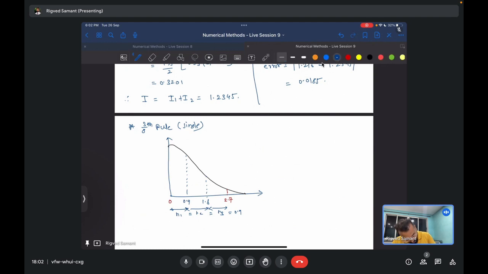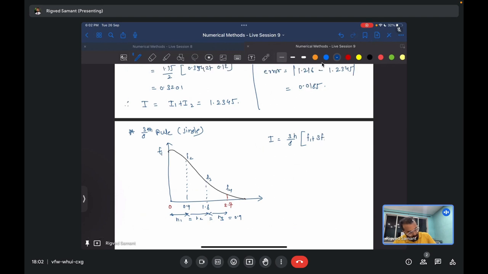So these are again f1, f2, f3, f4, and the 3/8 rule is I = 3/8 into h into (f1 + 3f2 + 3f3 + f4).